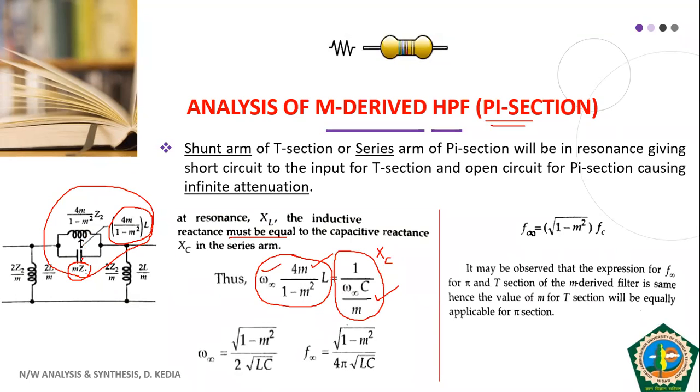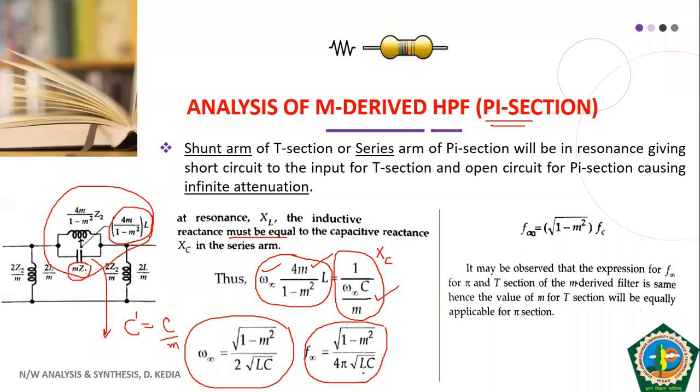The value of C here, you can say C dash, is nothing but C by m. If you substitute, you get this, and if you solve it, we get omega infinity, and we get f infinity. If you substitute the value of Fc here, you get this one.